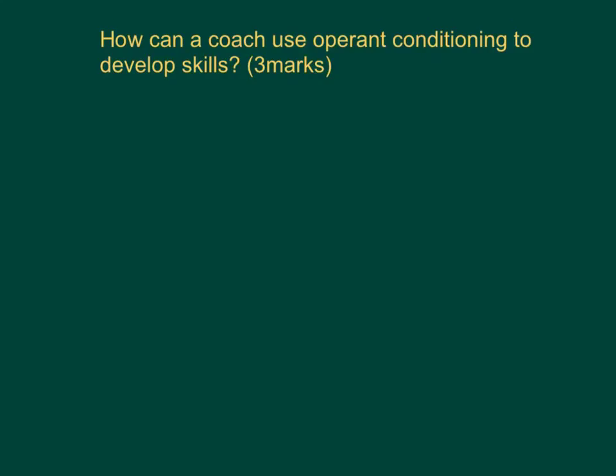Okay, another question that you might come across is something like, how can a coach use operant conditioning to develop skills? And there's lots of different points you could make on this, so we're just going to run through a few of them. The first one would be to use rewards or praise. Okay, the next thing that they might be able to do is to shape behaviour or alter the environment.